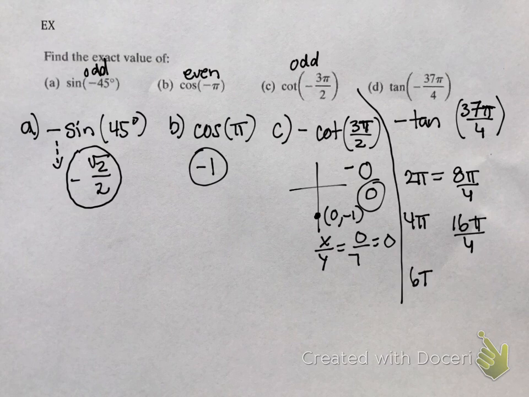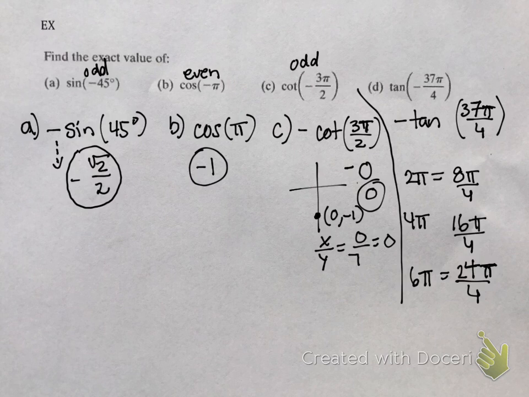We have 6 pi, that's the other revolution around, and 6 pi is equivalent to 24 pi over 4.